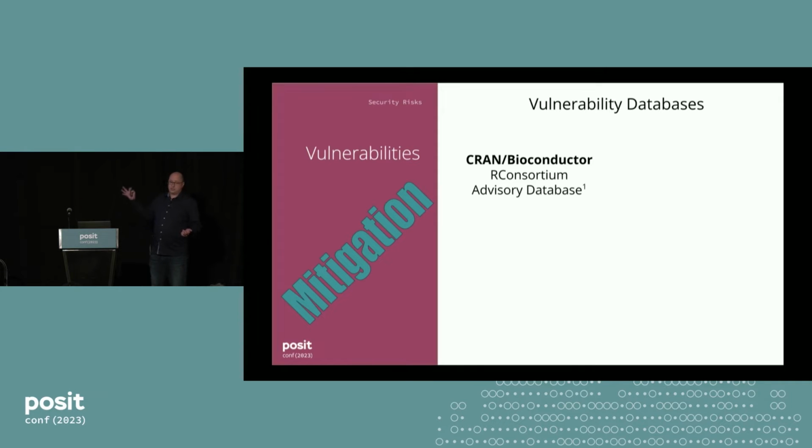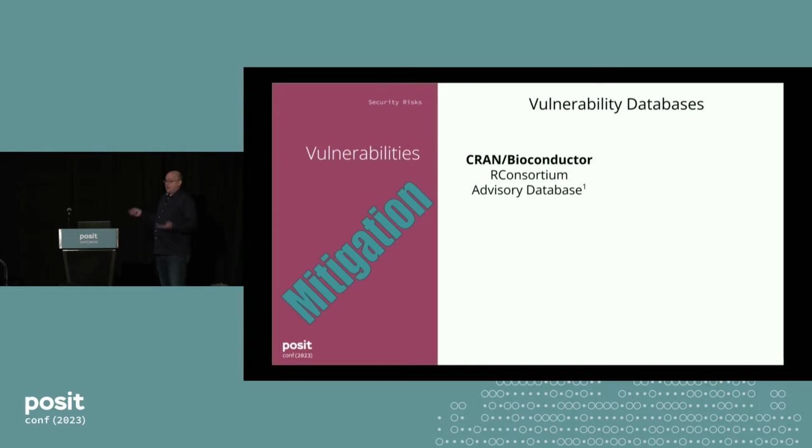We here at Posit have just started working with the R Consortium on a CRAN and Bioconductor advisory database. Due to the bouncer at the door of CRAN and Bioconductor, there aren't that many vulnerabilities known out there, but there are a few that have come up, usually in external packages that they link to.